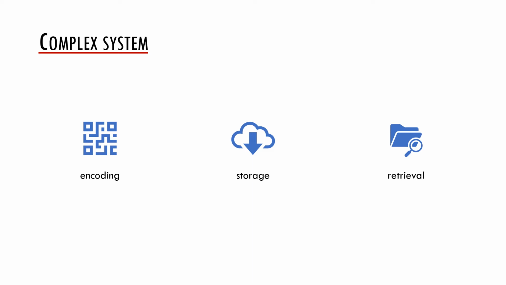This is important because we may be used to think about memory primarily as a storage. But the capacity to encode information is crucial for storage, and the capacity to retrieve information from memory is necessary to be able to use this information for various purposes, such as for language processing.